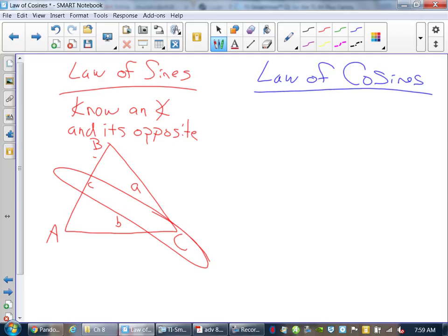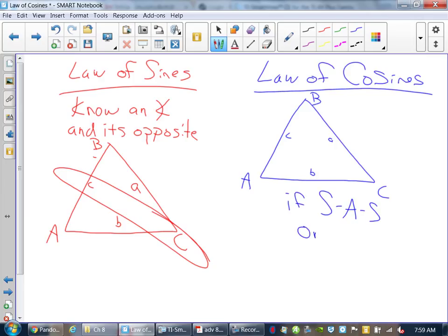You're going to use law of cosines if you have side, angle, side. Use law of cosines if side, angle, side, or all three sides, all right?